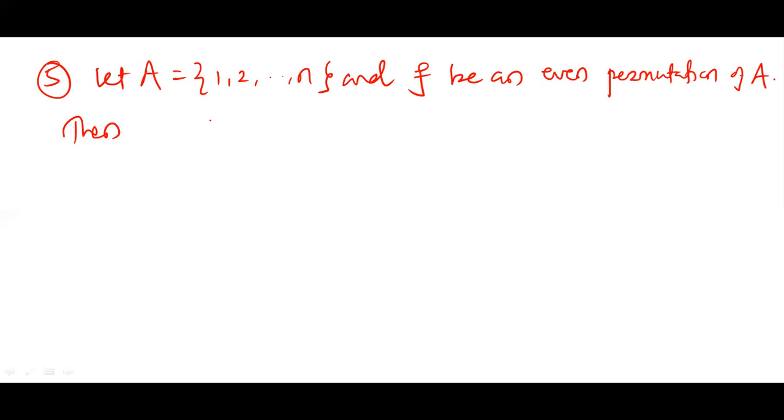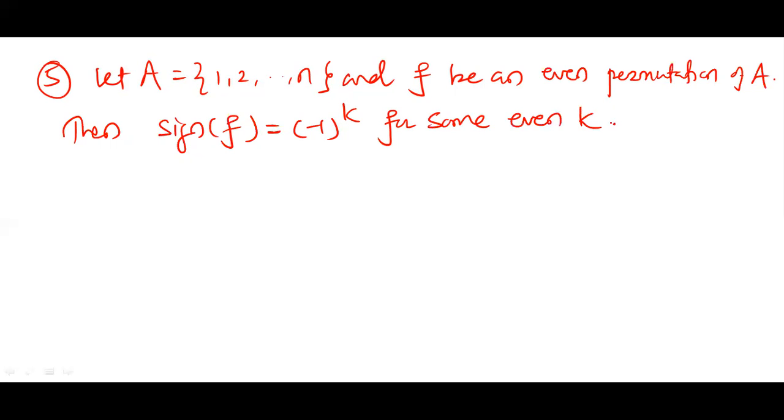An even permutation means a permutation we can write as a product of an even number of transpositions. Therefore, we can write the signature of f is equal to (-1)^k for some even k.